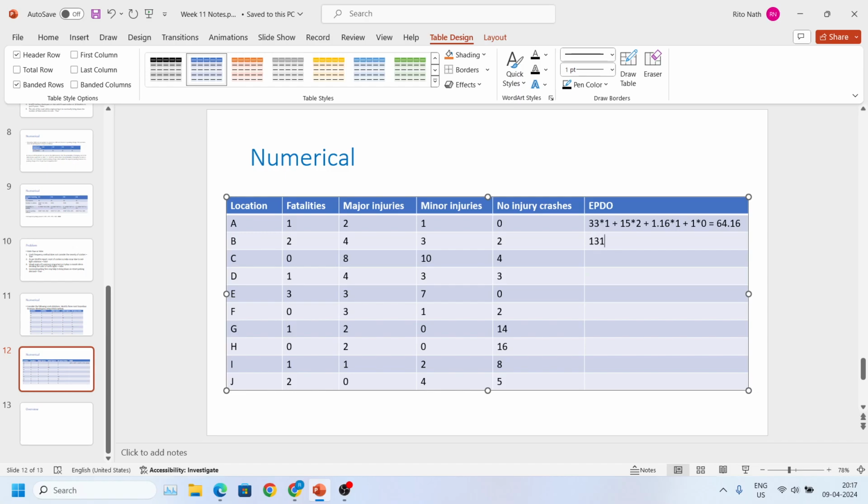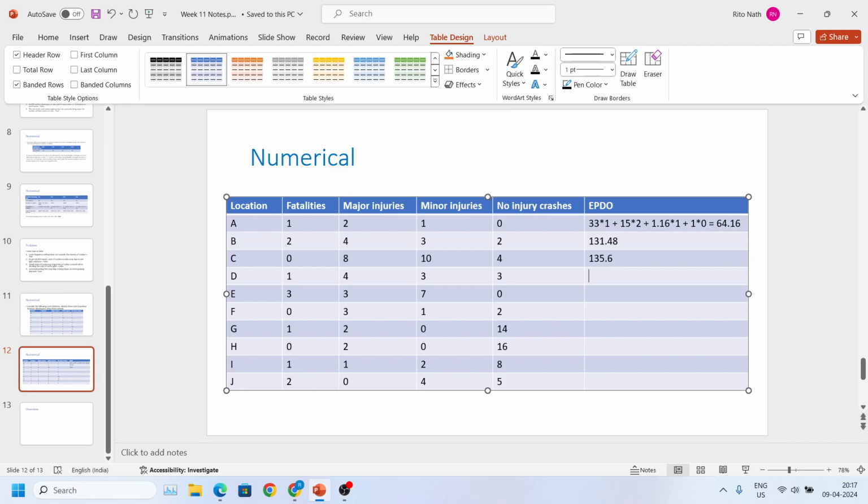So the next one would be 131.48. The C one is 33 times 0 plus 15 times 8 plus 10 times 1.16 and then 4 times 1. So this is I think 135.6.